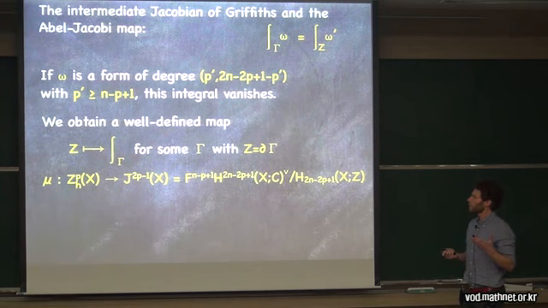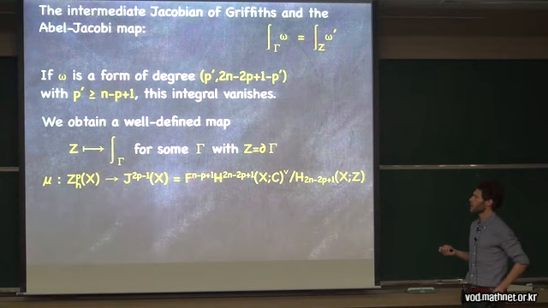we get a well-defined map sending Z to this functional of evaluating some form on this boundary gamma, if we restrict our cohomology forms to those which lie in the filtration step n minus p plus 1 on the complex cohomology.